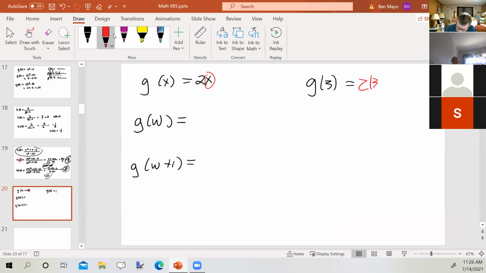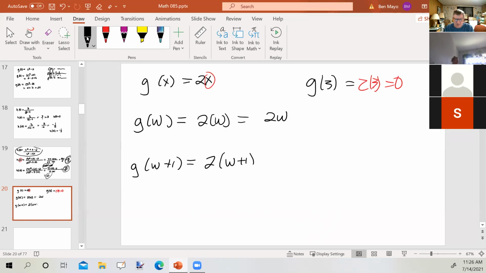So I'd get 2 times 3 equals 6. So g of w is going to be 2 times w, or just 2w. G of w plus 1 is going to be 2 times, I'm going to replace x with everything that's inside here. So x becomes w plus 1. But then further simplifying, I get 2w plus 2.